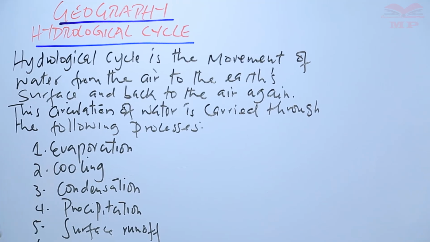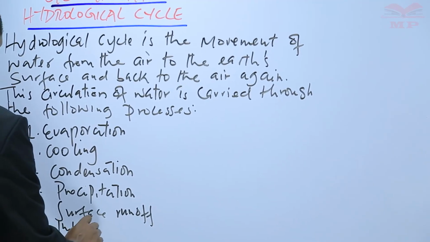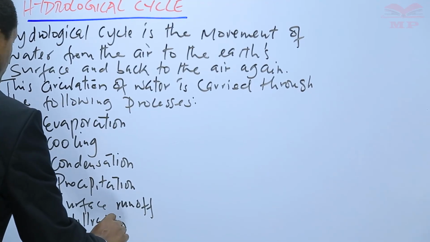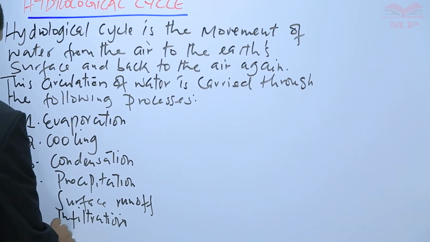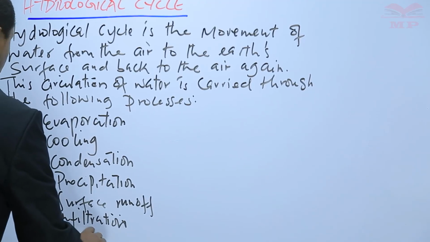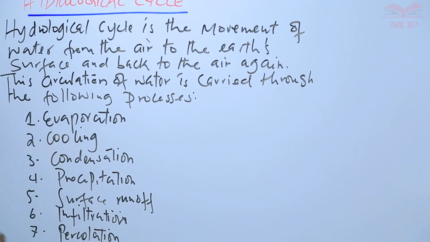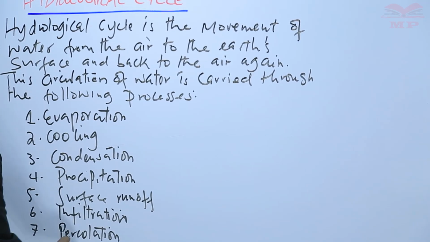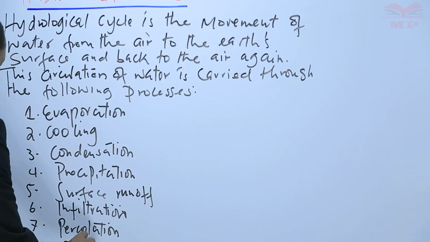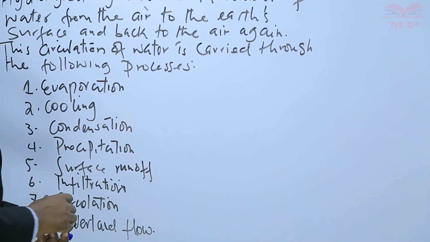Number 6, learners, infiltration. Number 7, percolation. Then lastly, overland flow.